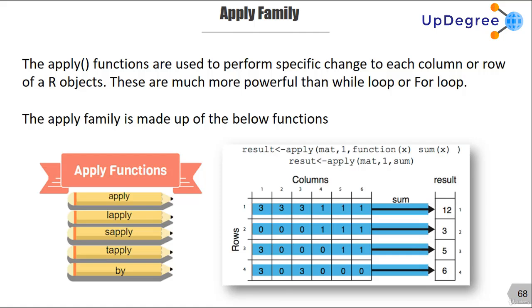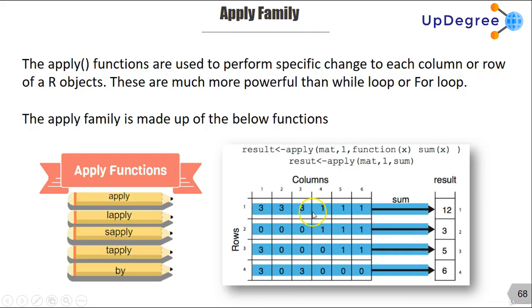But in the apply function, you just pass on what exactly you want. Is it sum or median or mean or range or whatever you want? It can be an inbuilt function, or your own created function, and it will understand and give you a result. Suppose you see this example where we are using the apply function on top of a matrix, and we say that we want the row wise sum.